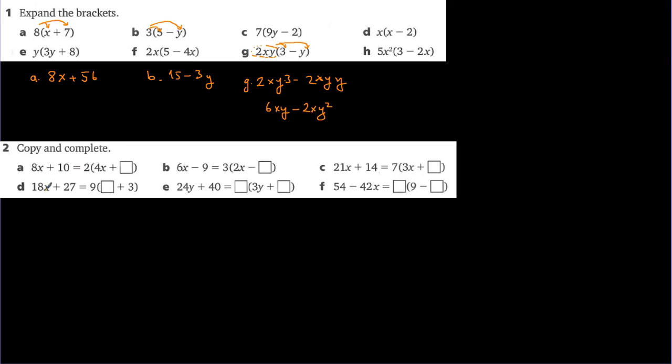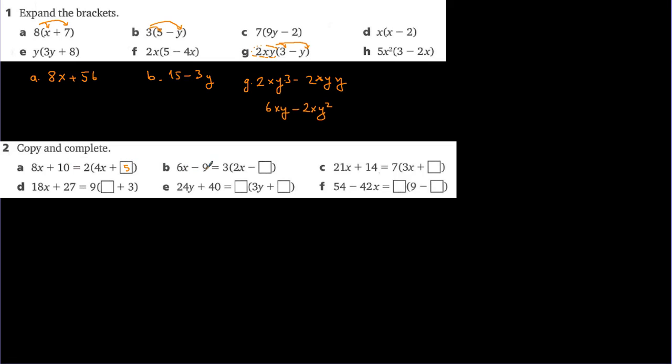Okay, here we have some exercises about factorization. Here the clue is also given to us. 2 is the common term for both of them, so when you divide by 2, you are going to write that one only here. 2 times 4x plus 5, because 10 divided by 2 is equal to 5.